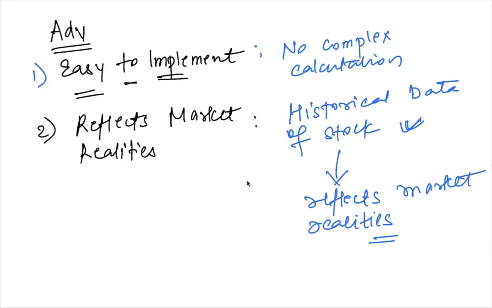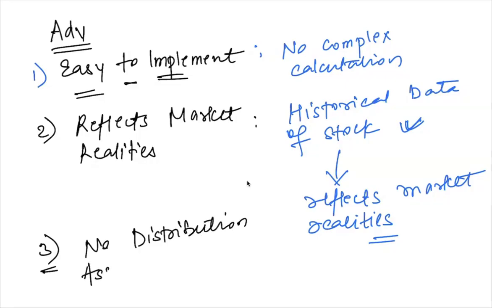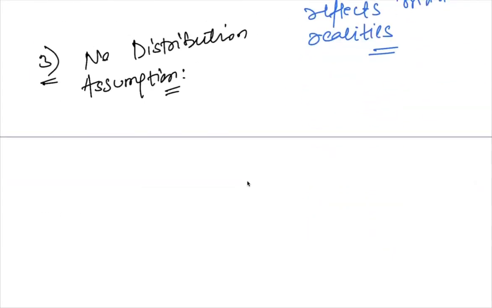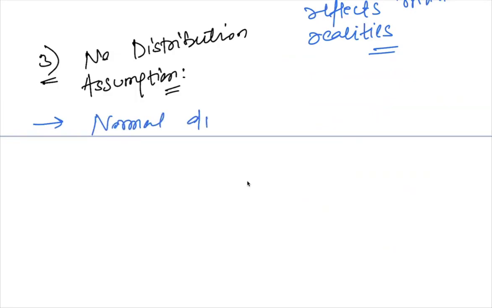And the last is no distribution assumption. If you have seen my Black Scholes video or any quant modeling video, every time we make certain assumptions about the returns, that the returns are following a normal distribution or something like that, right?